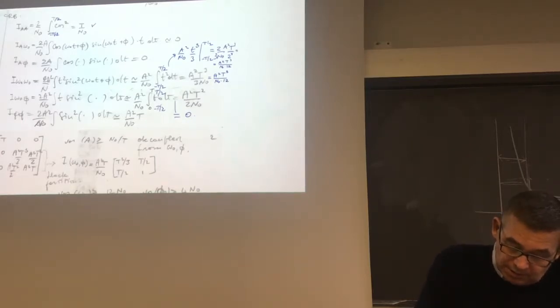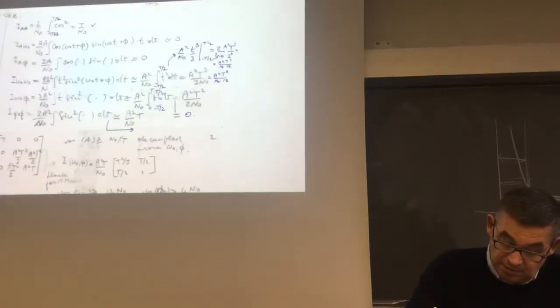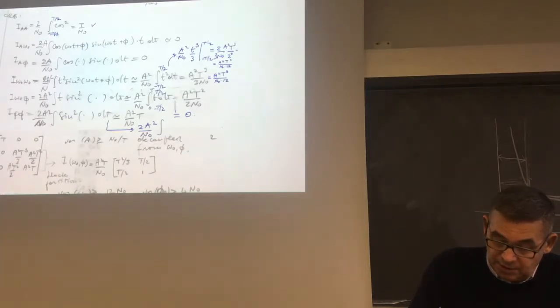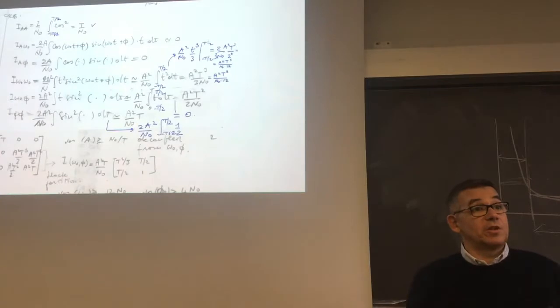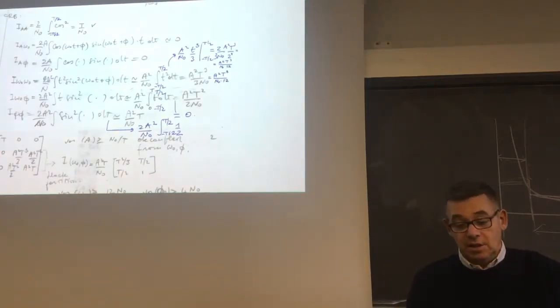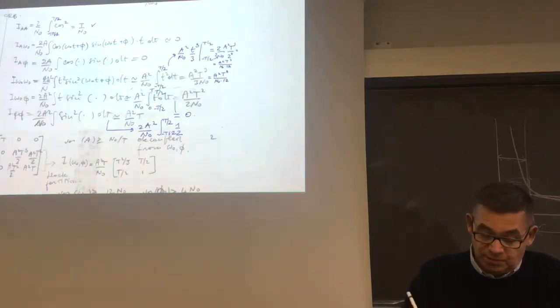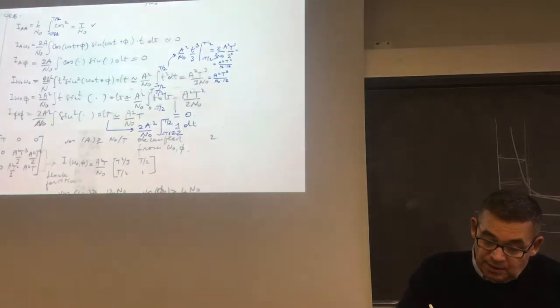This one is 2 times a squared divided by n0, and then it is the integral between minus t half and t half of 1/2, because the other is 0. It is an integral of cosine, which is 0, and dt.